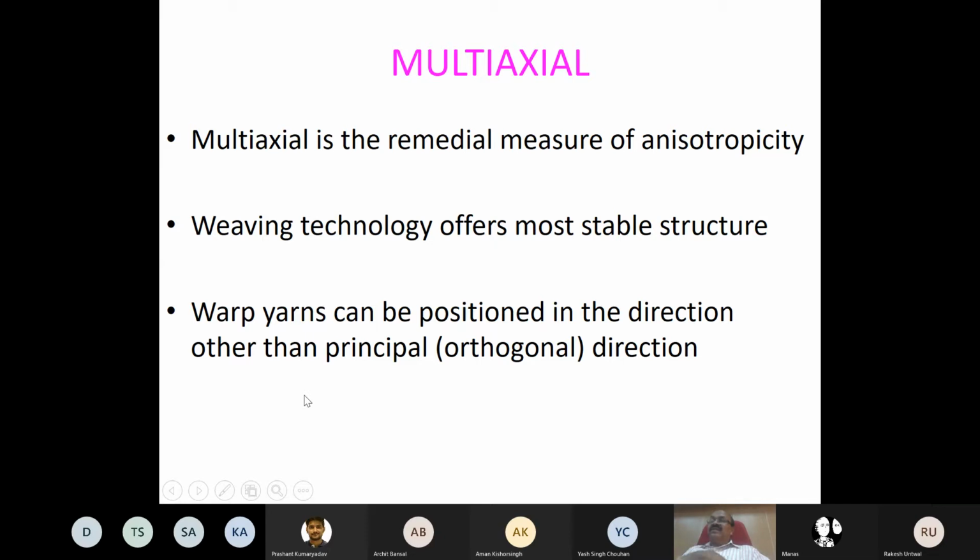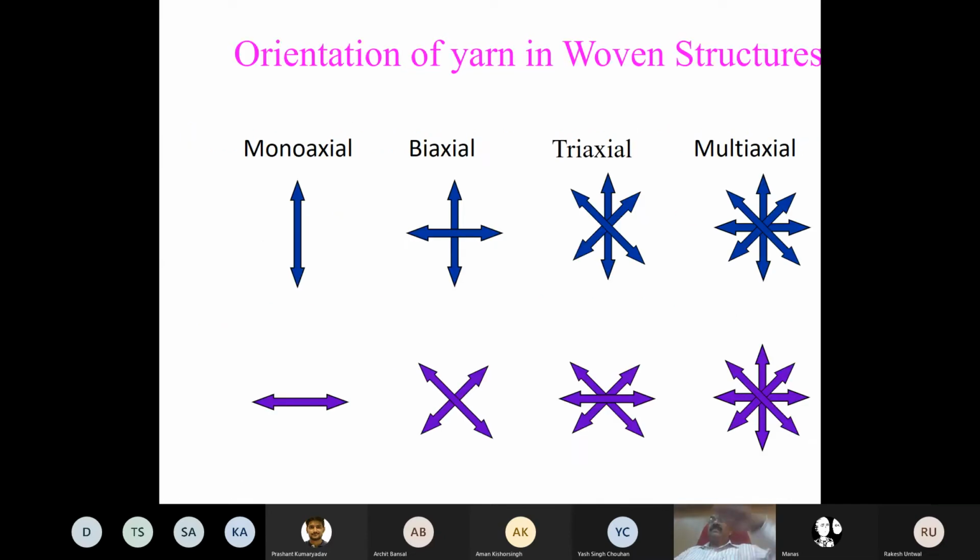That we will discuss in this chapter. If you recall, I discussed this slide when we were discussing 3D weaving: monoaxial, biaxial, triaxial, multi-axial. Now we are discussing the last one, multi-axial.